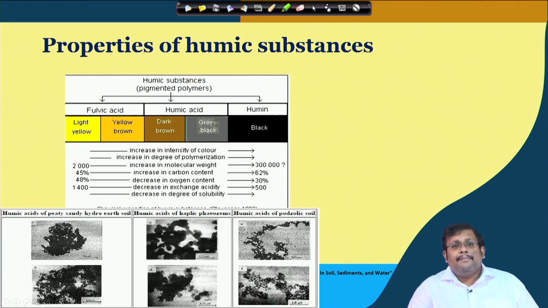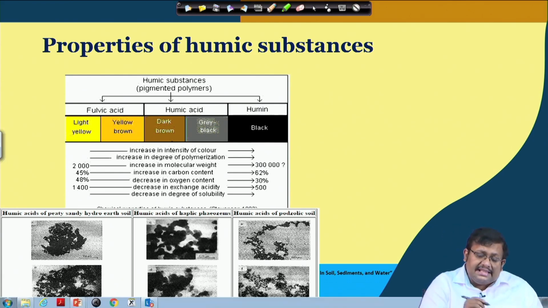If we see the properties of the humic substances, this is a very compact representation of variation of properties between fulvic acid, humic acid and humin. One thing is clear, that humic substances or pigmented polymers can be differentiated into fulvic acid, humic acid and humin.